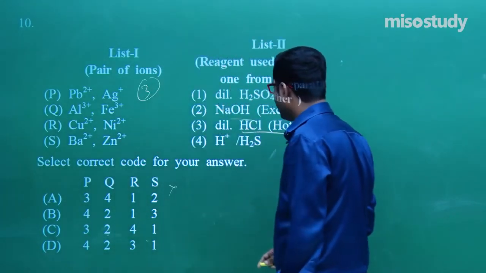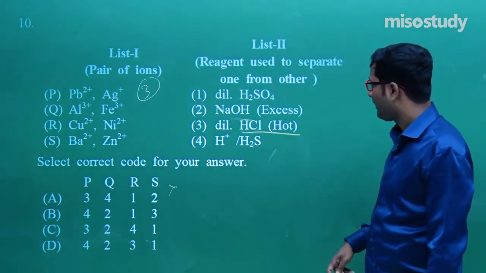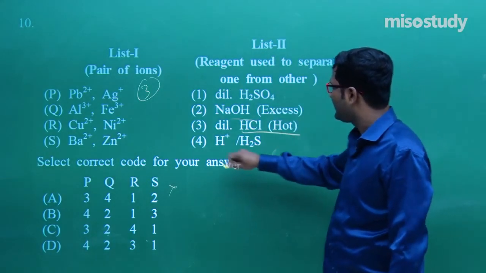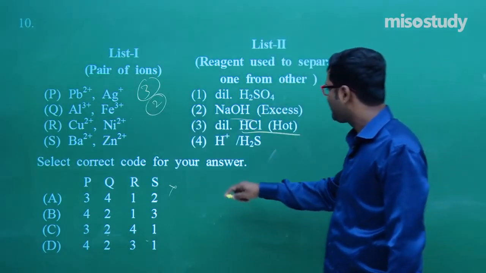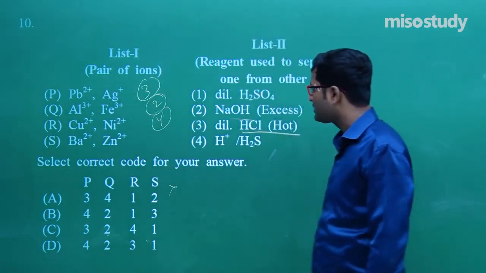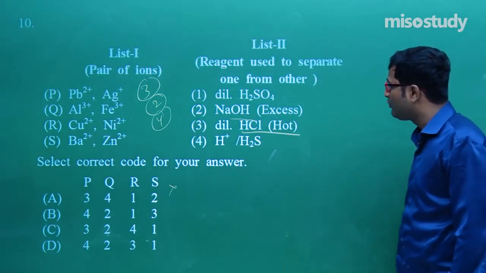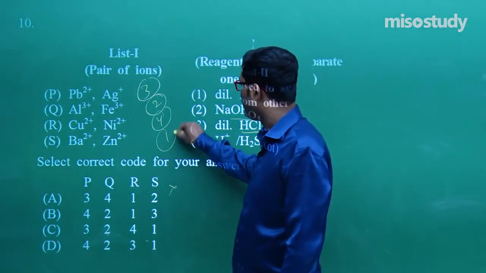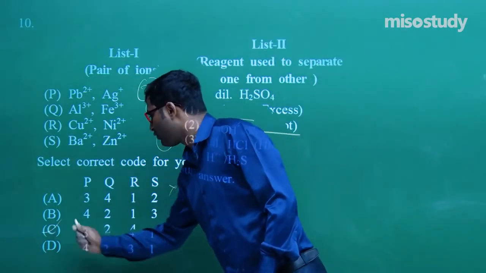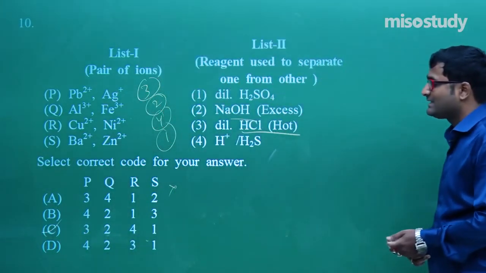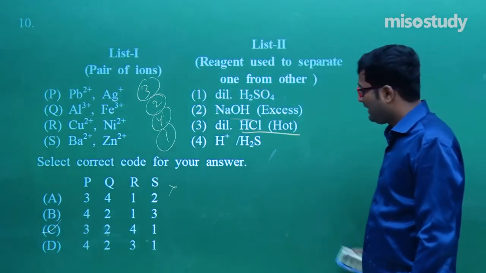For Q, what I told you. For Cu2 plus and Ni2 plus with H plus and H2S, 4 is the correct option. For Ba2 plus and Zn2 plus with dilute H2SO4, 3, 2, 4, 1. So for question number 10, C is the correct option.